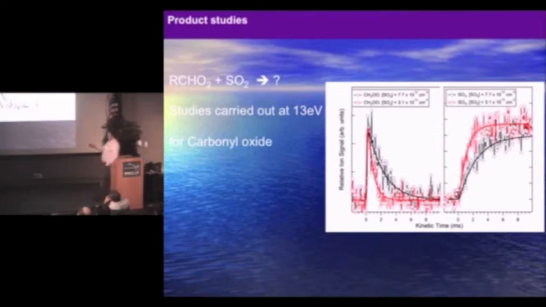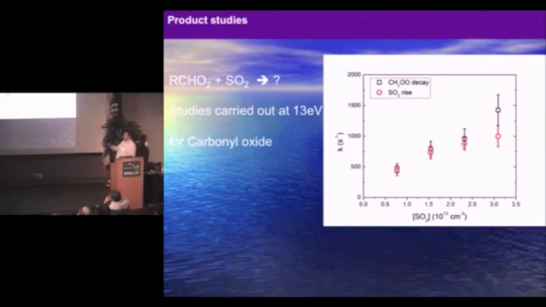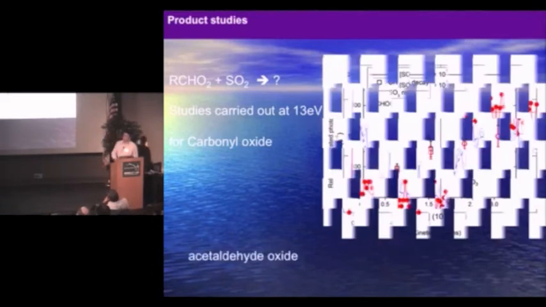So what we've got here is we can actually show that in terms of the Criegee radical reaction with SO2, it actually produces SO3. So what we can do is we can analyze the kinetics in terms of the decay rate or the production rate as well. And what you can see here is for the simplest system, it agrees very well. So it looks like this SO3 is the direct product from this reaction as well. And we can do that for the other system that we did as well. We did exactly the same procedure.